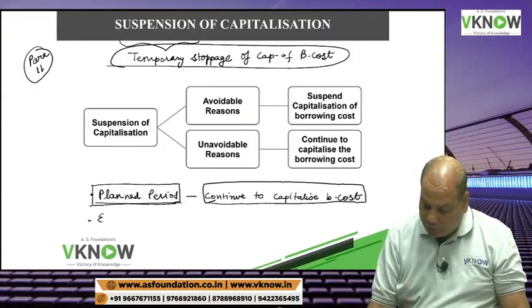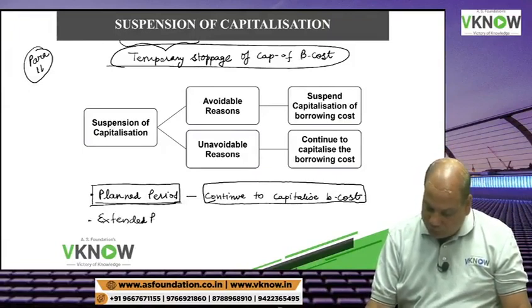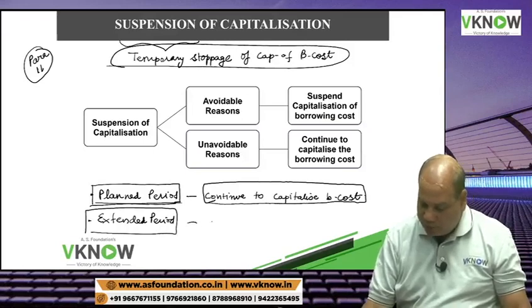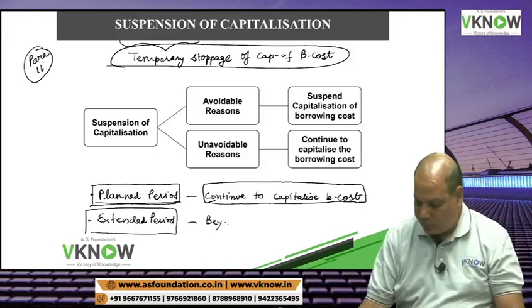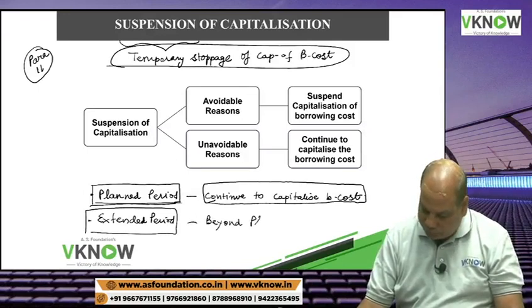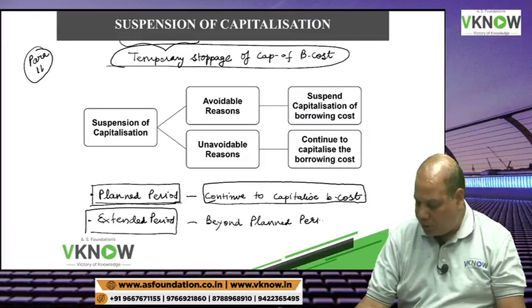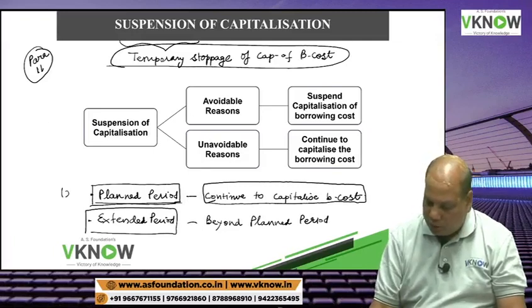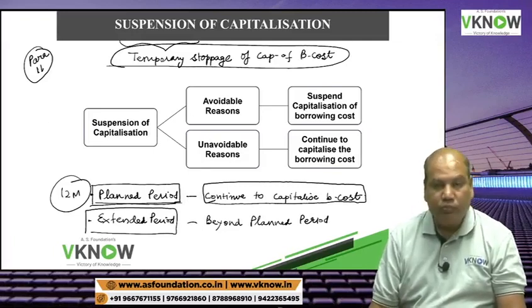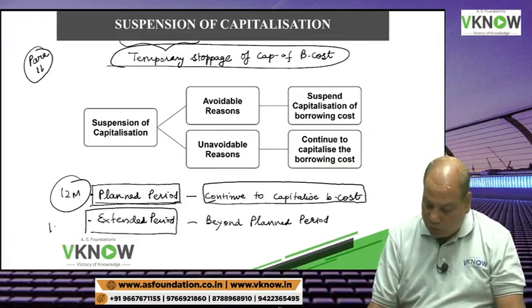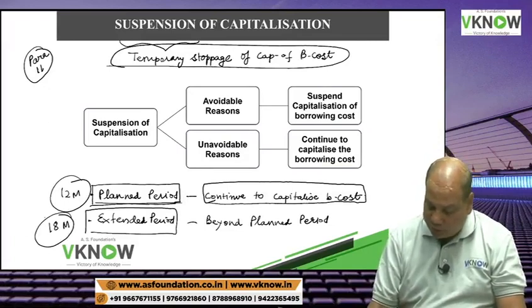Then the second one is called extended period. Extended period means beyond planned period. So I had planned 12 months. But suppose it got stretched up to 18 months.